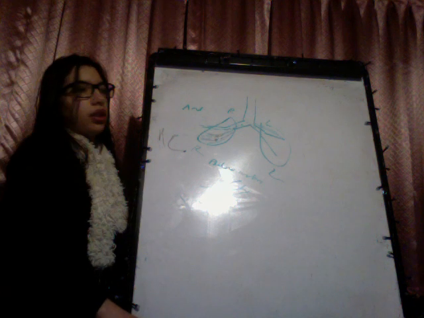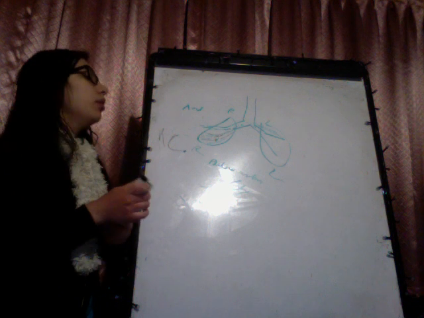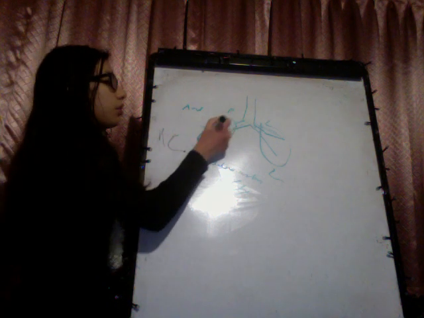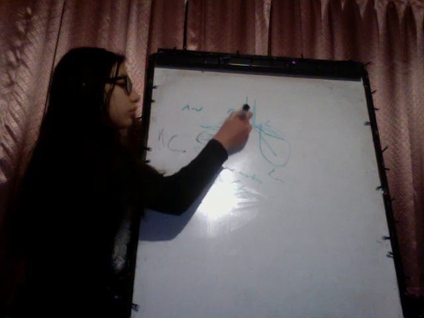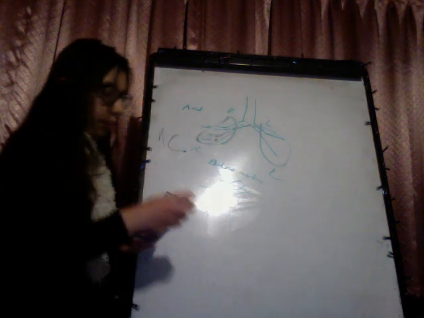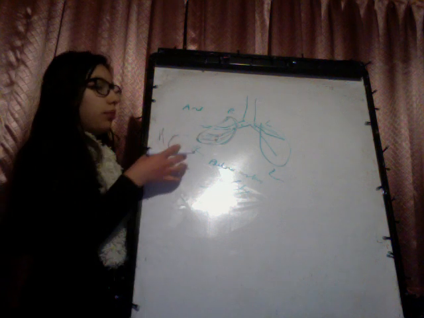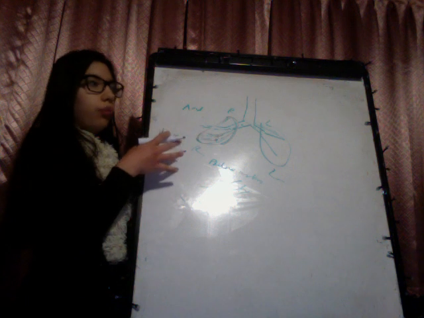Alright, now the pleura. We have the visceral pleura that is here just surrounding the lungs, and the parietal pleura. The parietal pleura is touching the walls.